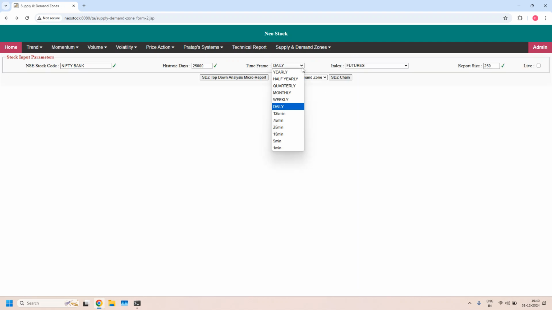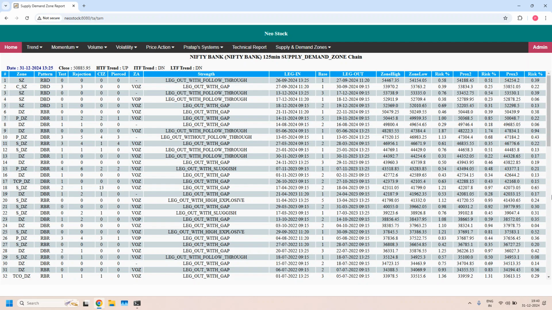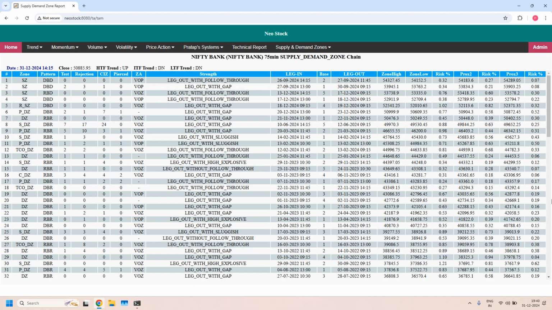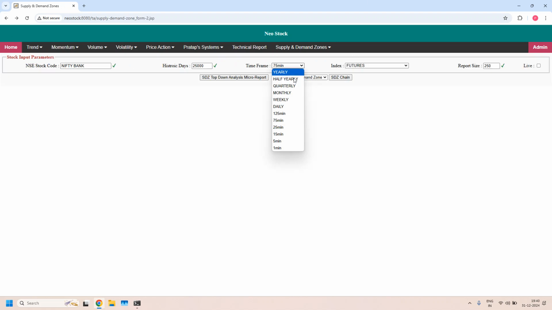Next, 125 minute supply demand zone chain for BANKNIFTY. Next, 75 minutes supply demand zone chain for BANKNIFTY. Next, 25 minutes supply demand zone chain for BANKNIFTY.